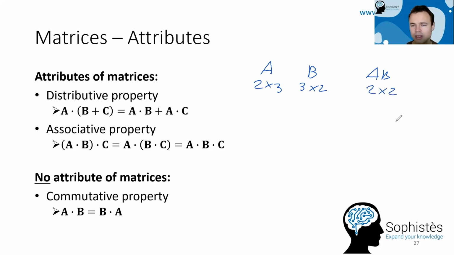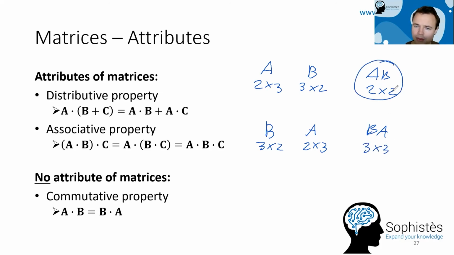But if I switch those two, if I do B times A instead of A times B, then you would get a 3 times 3 matrix. So B times A is a completely different matrix than A times B.